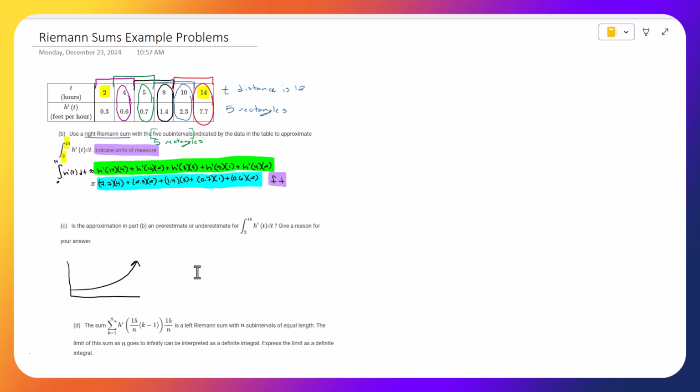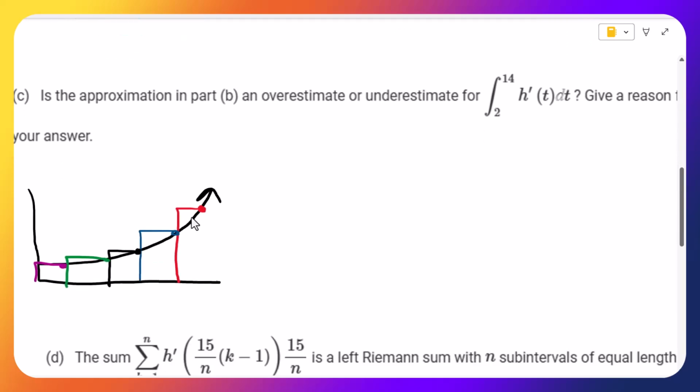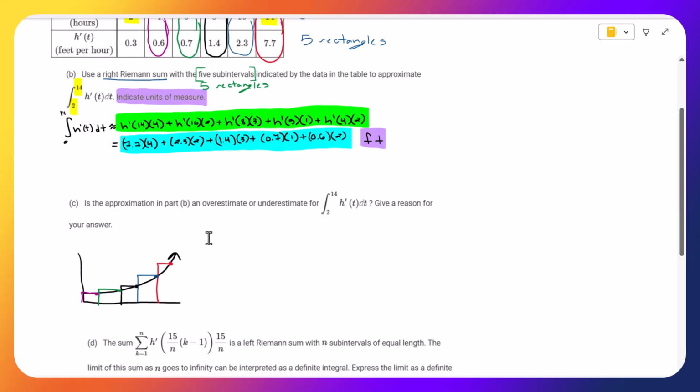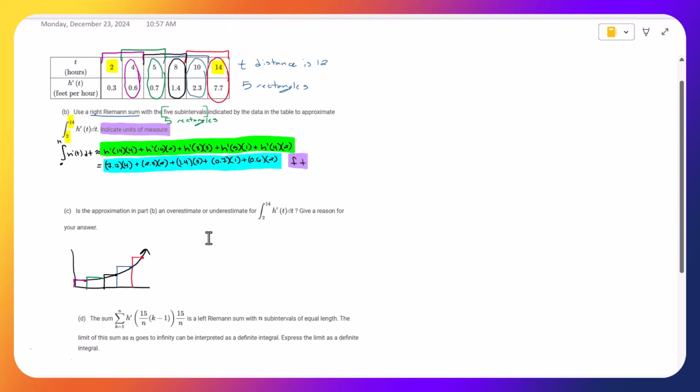If I draw my rectangles, what's happening? Are we over approximating or under approximating? Well, we can clearly see, if I zoom in a little bit, this area all here we are overestimating. And if you want to draw that picture to help you out, you can.